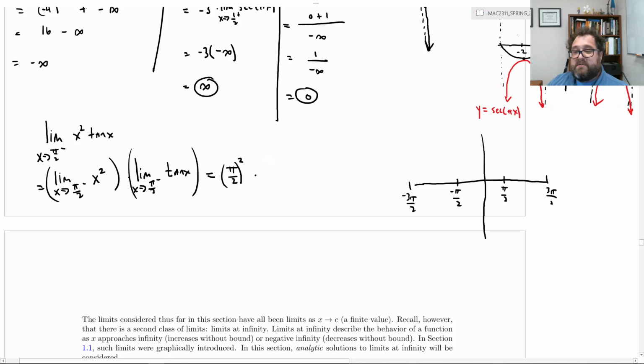Then it has x-intercepts, say at the origin. Oh, let's first draw those asymptotes. So something like this. Asymptotes. And there's x-intercepts. There's one at the origin, pi, negative pi.